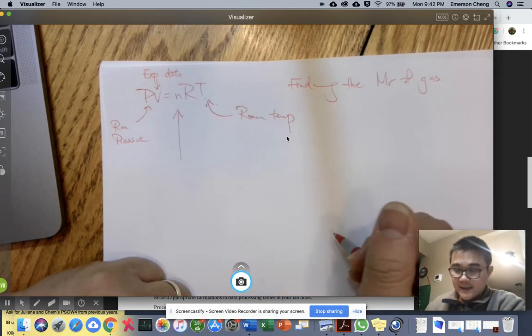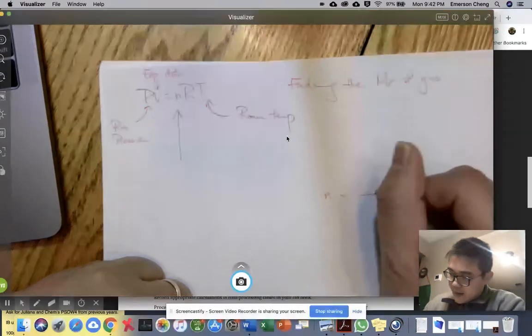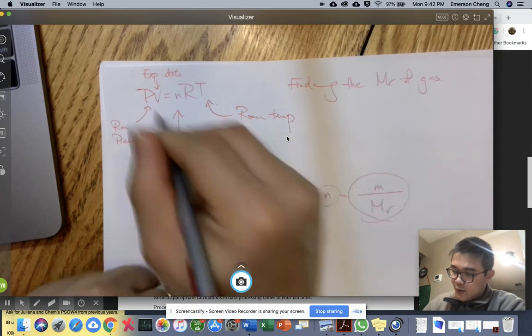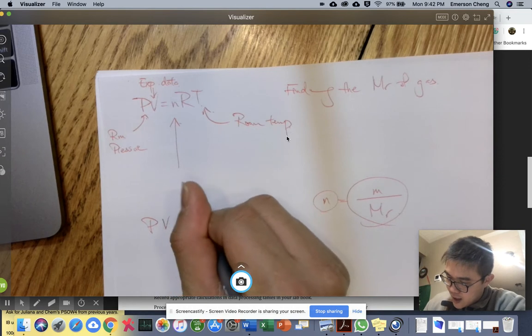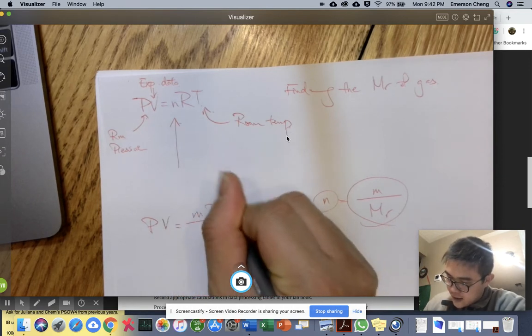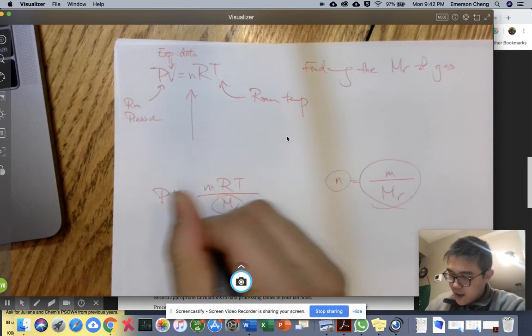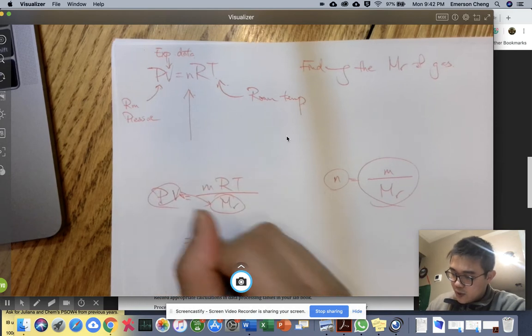And now the mole part. Keep in mind you're going to have to convert this formula. Moles is mass divided by molar mass. So we use that to substitute in here, and you end up having PV equals mRT divided by molar mass. If you rearrange this whole thing, you isolate the molar mass and put it on that side.